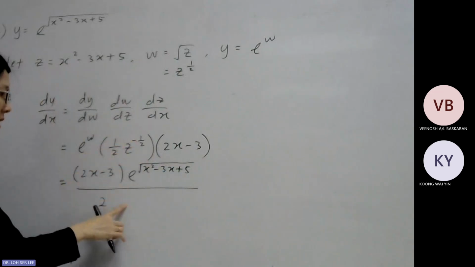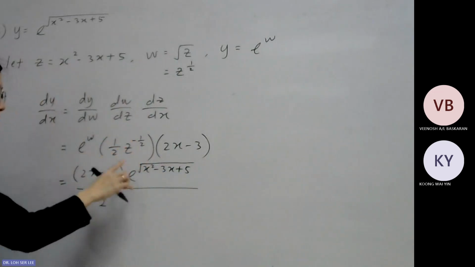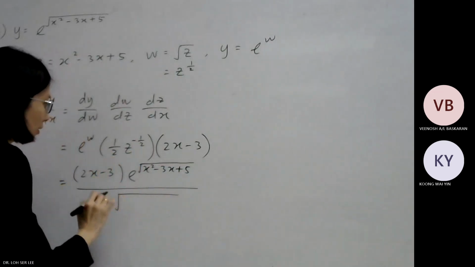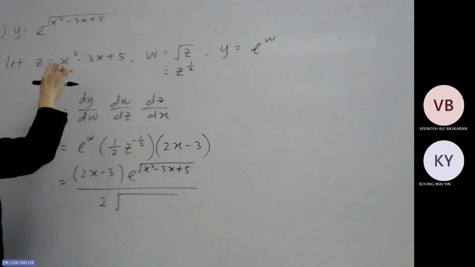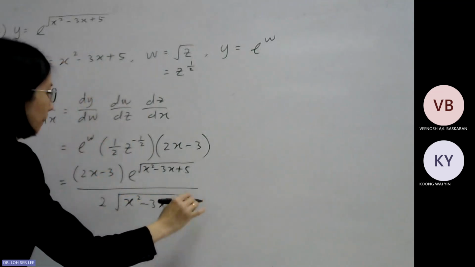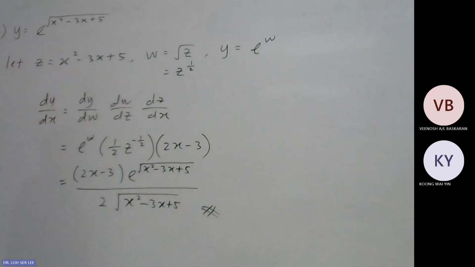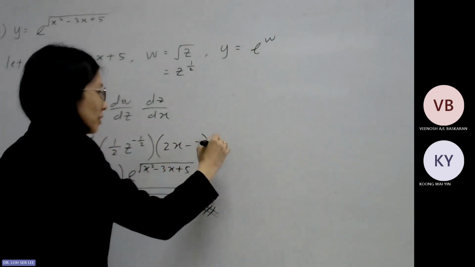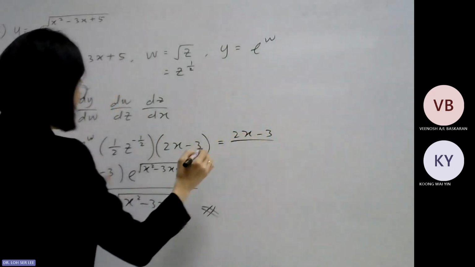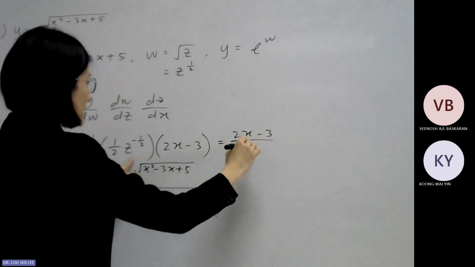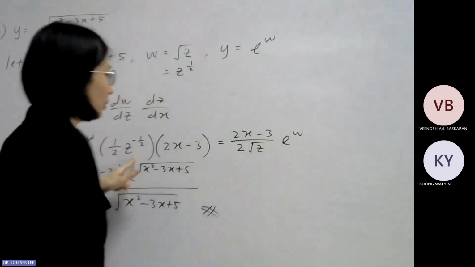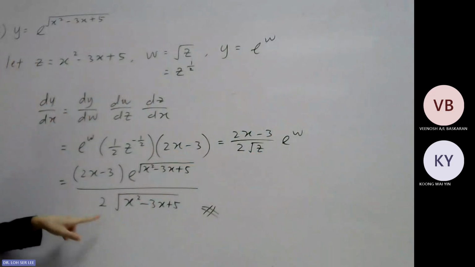Negative means stay at the bottom. So we have z to the power of half. Z to the power of half means square root of z, where z is this one. If you didn't see this, you can make one more line. You can have this one over 2, and then this is z, and then e to the w. You can write this one before this.